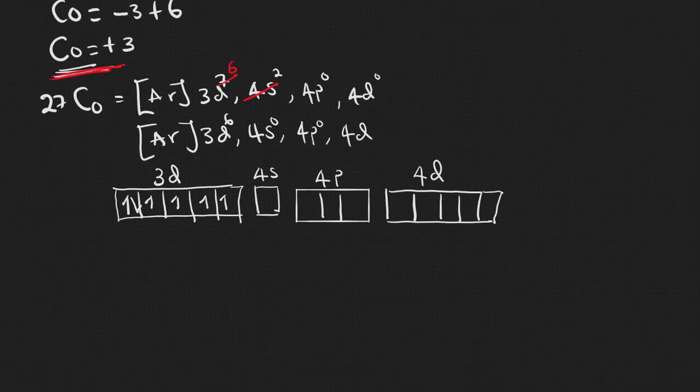These 6 fluorines are not going to force the electrons to pair up, but rather they will prefer to enter these orbitals. So we have six pairs of electrons from fluorine: 1, 2, 3, 4, 5, and 6.